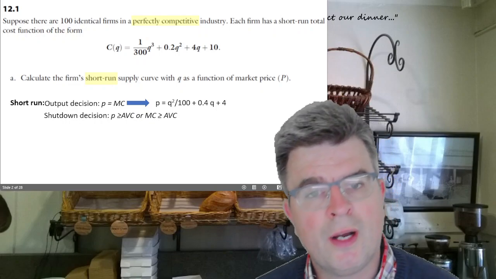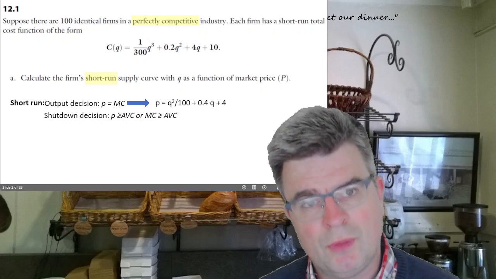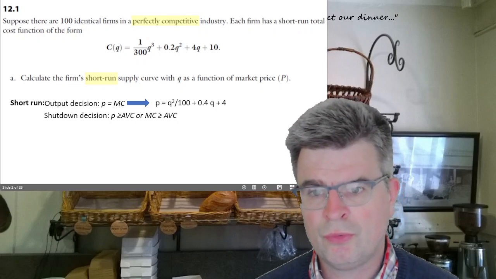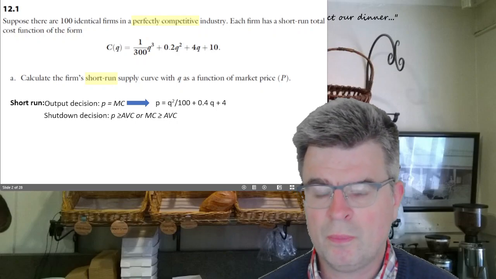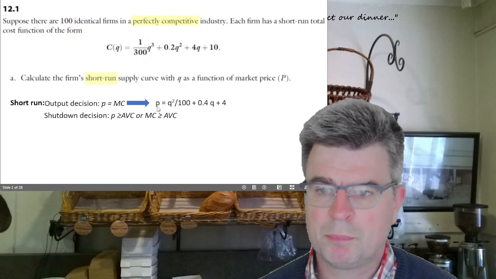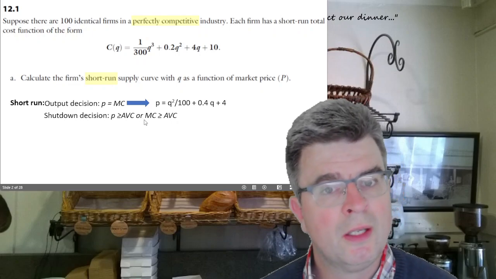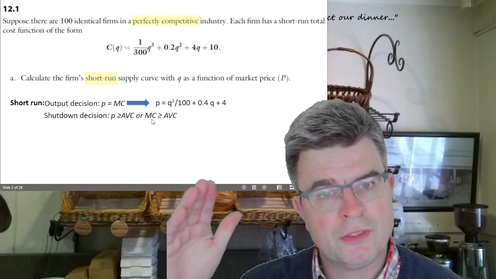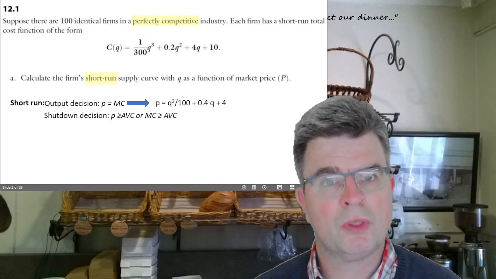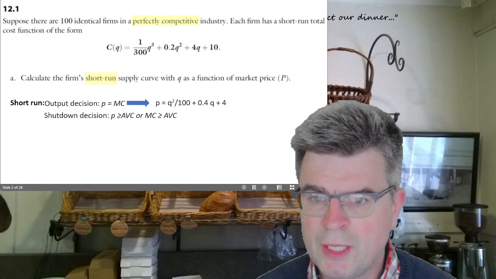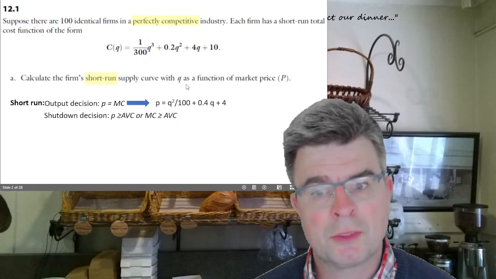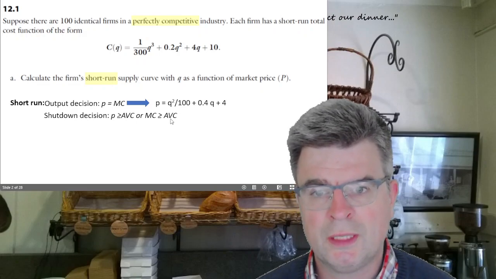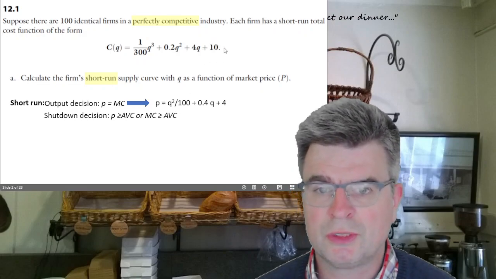So we need to verify whether the price, the given price, is at least equal to the average variable cost of the firm. And given that the price is equal to the marginal cost, alternatively, we need to check whether the marginal cost function is above the average variable cost function. Now we can check. We already have an expression for the marginal cost. We derived that here. And the average variable cost is, well, the fixed cost is equal to 10.